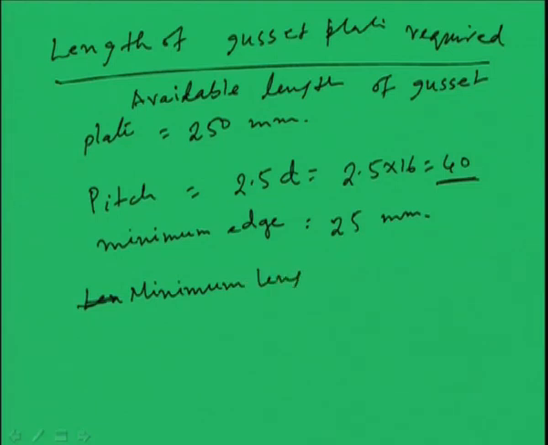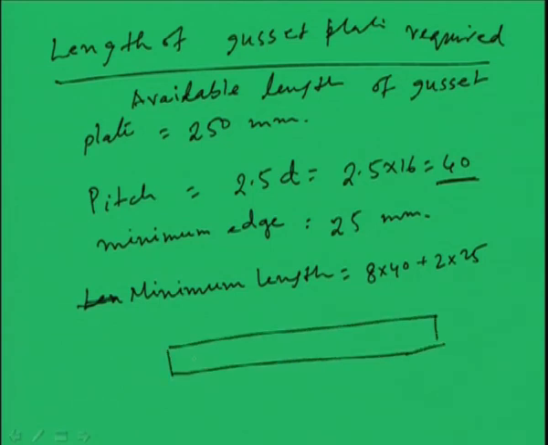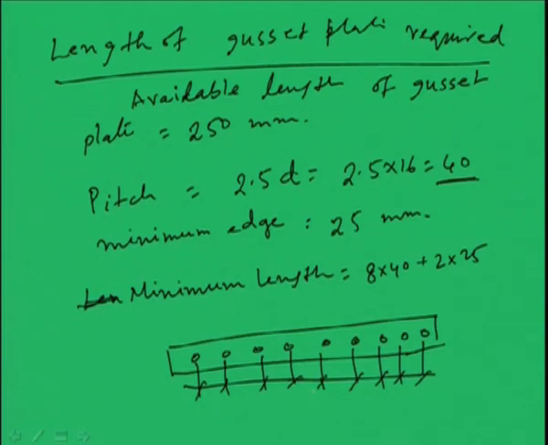minimum length which is required will be 8 into 40 plus 2 into 25, because if 9 rivets are placed, 1, 2, 3, 4, 5, 6, 7, 8, 9, this pitch distance will be 8, means 8 into 40 plus the edge distance 25 on each end.